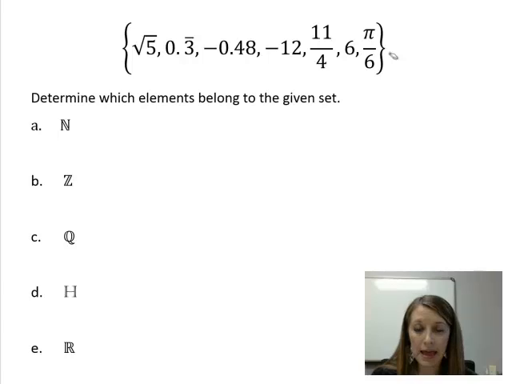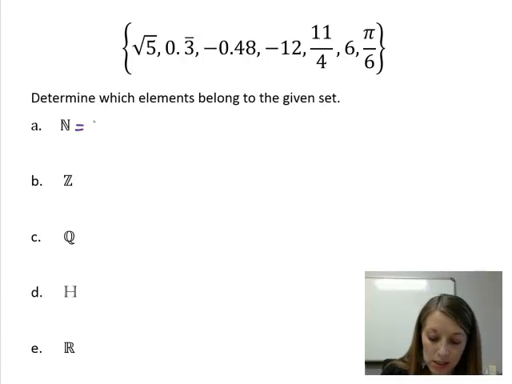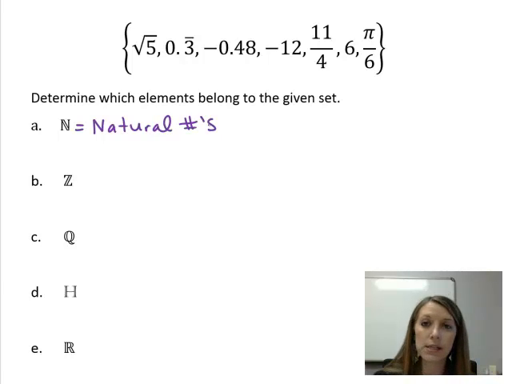So example A asks for N, which stands for the natural numbers. Remember that these are the numbers that are most natural to us, the counting numbers. So I'm going to look through this list here, and I'm going to see if I can find any counting numbers, meaning any positive whole numbers which don't include 0. So root 5, not a whole number. 0.3 is not a whole number.